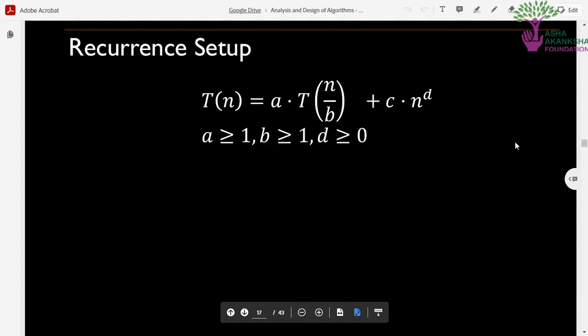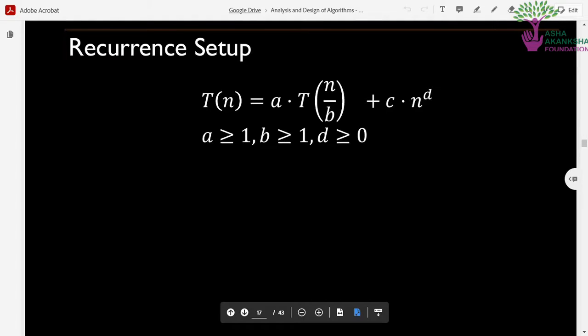This is the recursion. This is the Master's theorem formula. In this, T(n) is the time complexity of the given algorithm. T(n) is basically a function which will give us the time complexity of this particular algorithm. Again, I'm telling you that you should know asymptotic analysis and basics of coding to understand what this is.